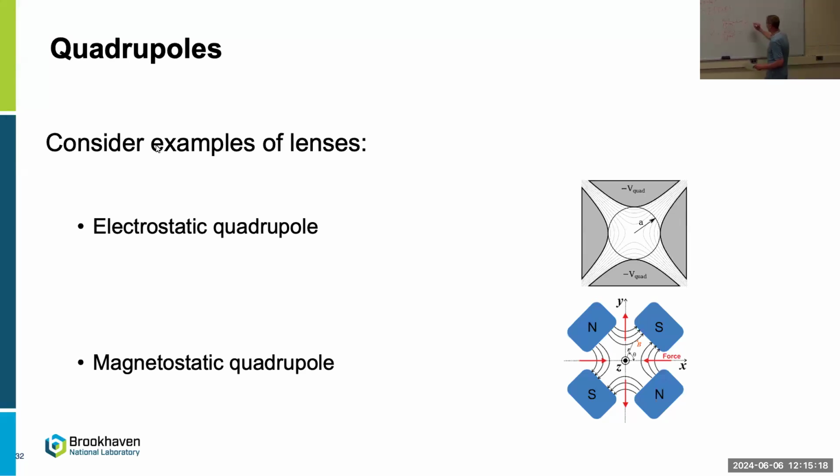Therefore, this expression can be written as x double prime minus g over B rho for beam x equals 0, and y double prime plus g over B rho y equals 0. So these are trivial equations, of course, but these are linearized equations of motion that in one case resemble a harmonic oscillator.